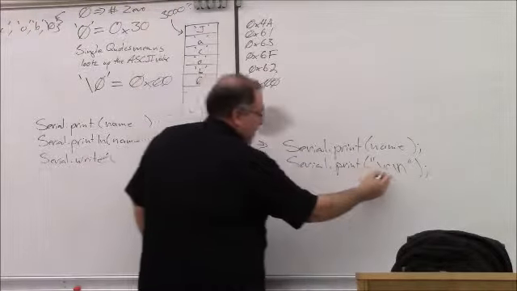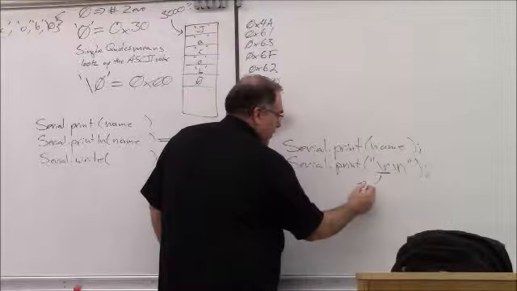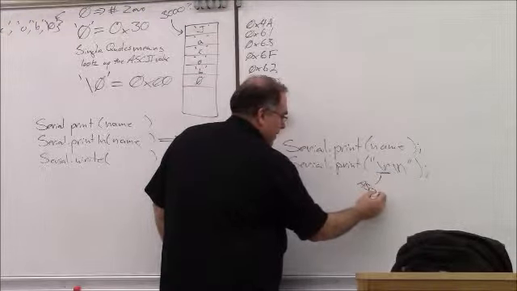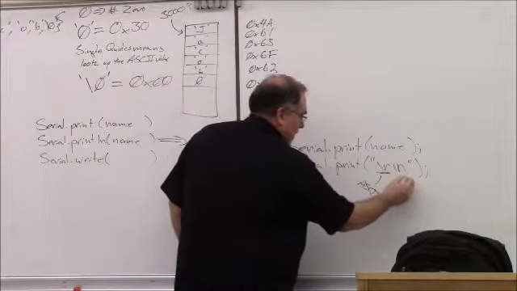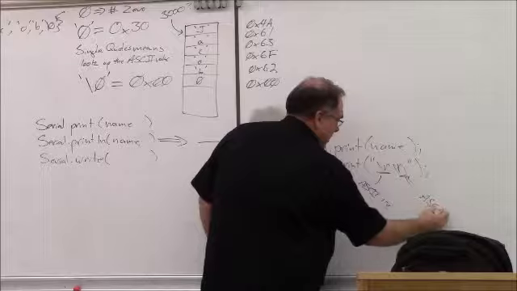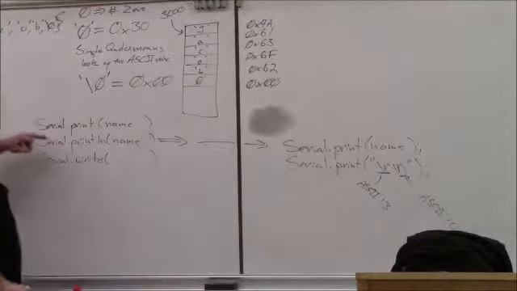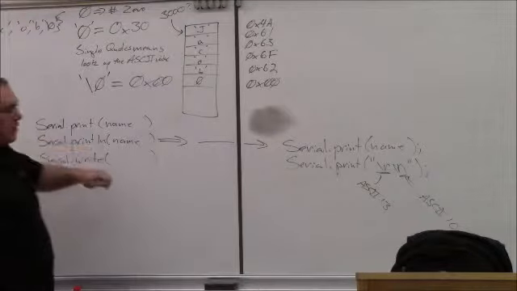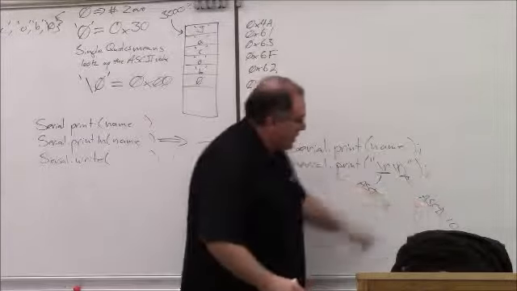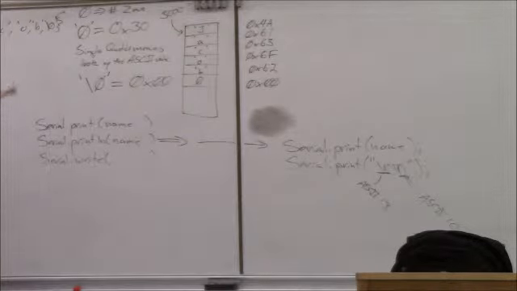So remember the \r, that's the carriage return, ASCII 13, and this is ASCII 10. The only difference between these two is it sends these two additional characters, which in our terminal window, when we print something out, makes it go to the next line.